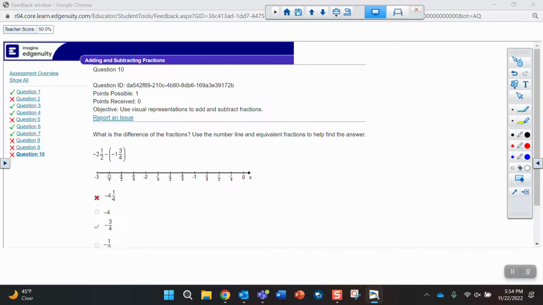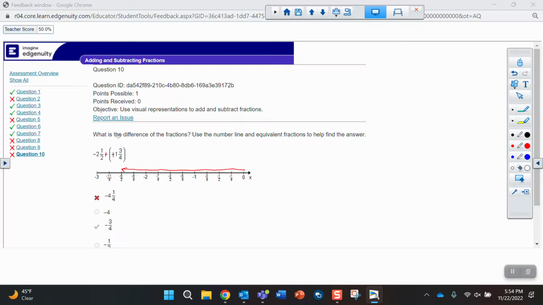Let me show you this number line, because I don't think I pointed that out earlier. We go to -2 1/2. And then remember with subtraction, we add the opposite.